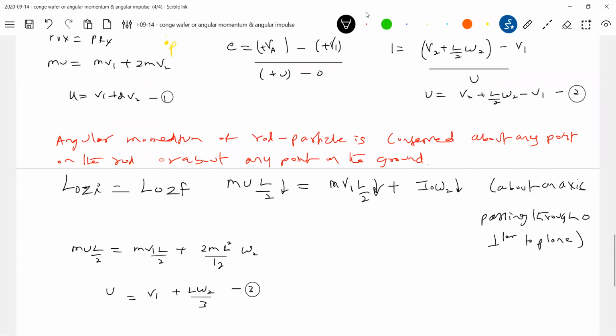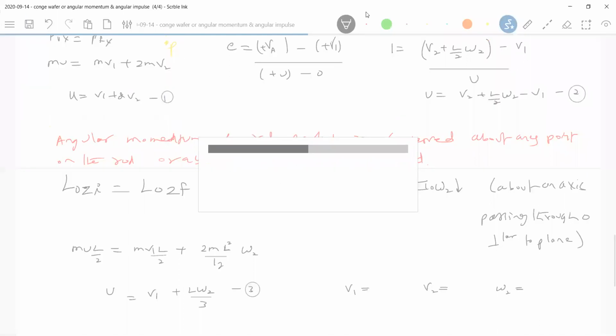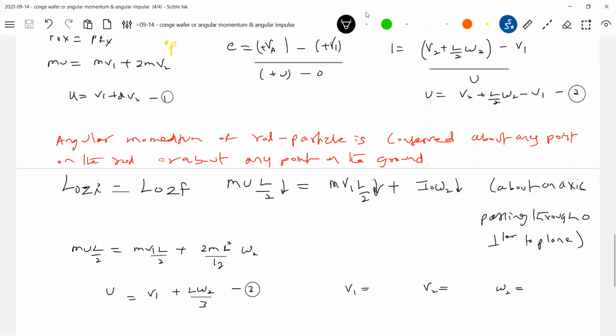Just solve it, give the values V1, V2, solve 1, 2, 3. Anybody solve 1, 2, 3?